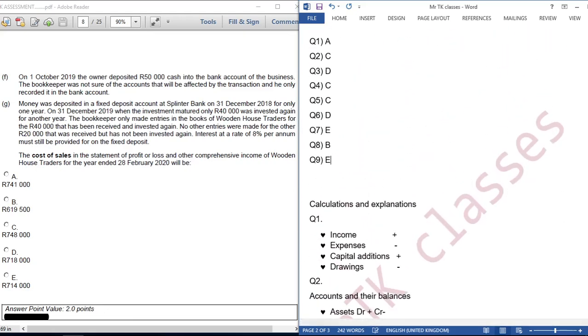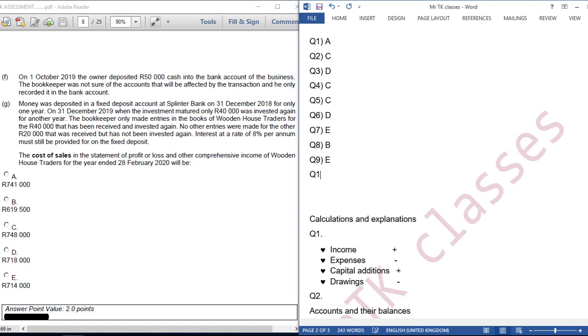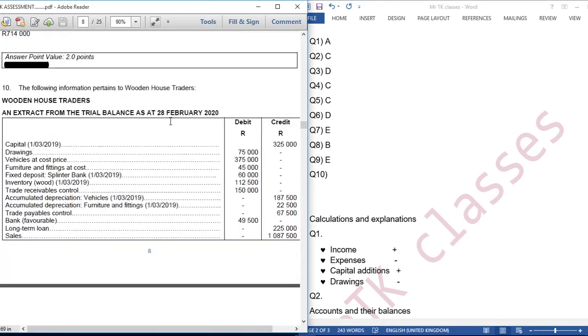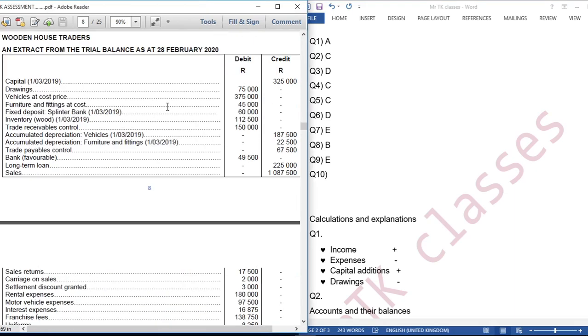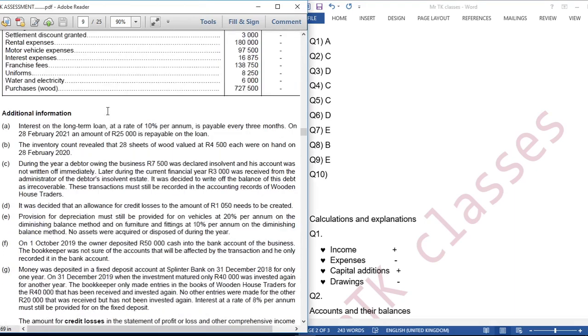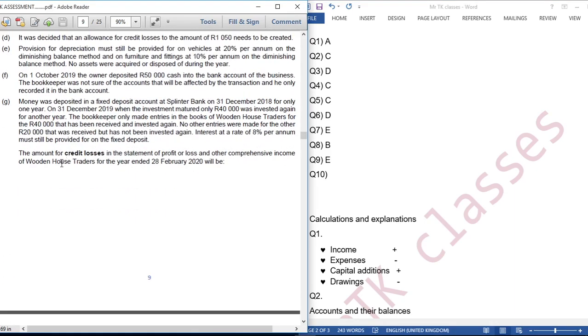So now we move on to number 10, which is going to be our last one for this session. Then we'll continue next session. Still the same information. The amount for credit losses in the statement of profit and loss and other comprehensive income of Food and House Traders for the year ended 20th February 2020 will be.